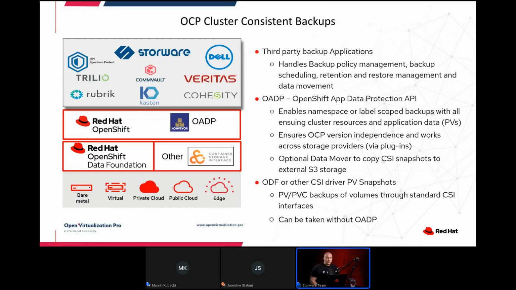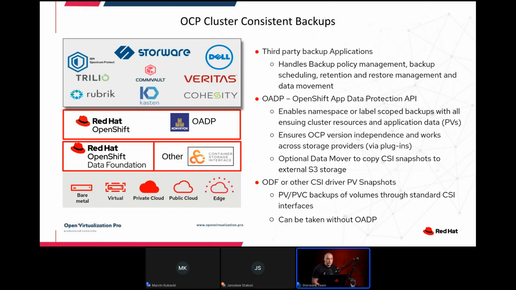You could also use some other storage solutions which can be integrated with OpenShift either using the standard CSI container storage interface drivers, or maybe integrated using some other, let's say, legacy methods.